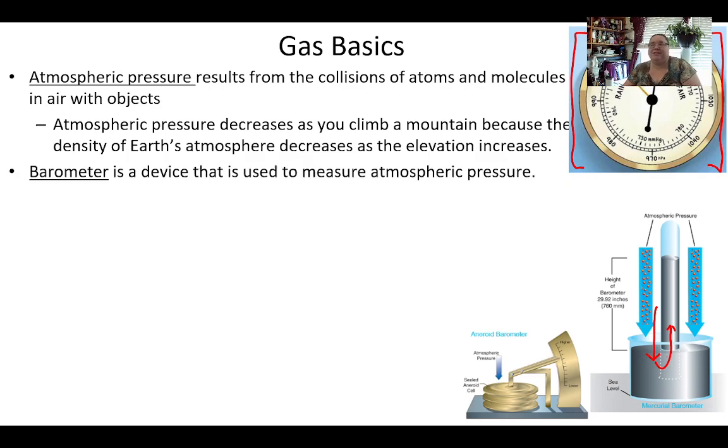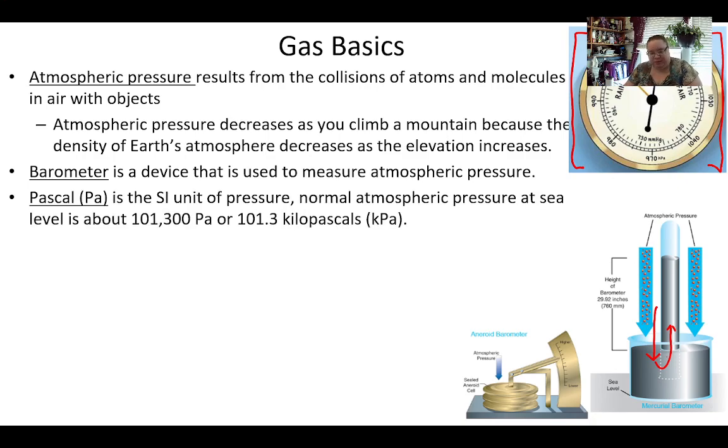But a barometer is a device that's actually used to measure atmospheric pressure. When the weather guy or gal says that, hey, there's a high pressure system coming in or a low pressure system, they are using some type of barometer outside a building nearby to measure the air pushing on a sensor in that device.